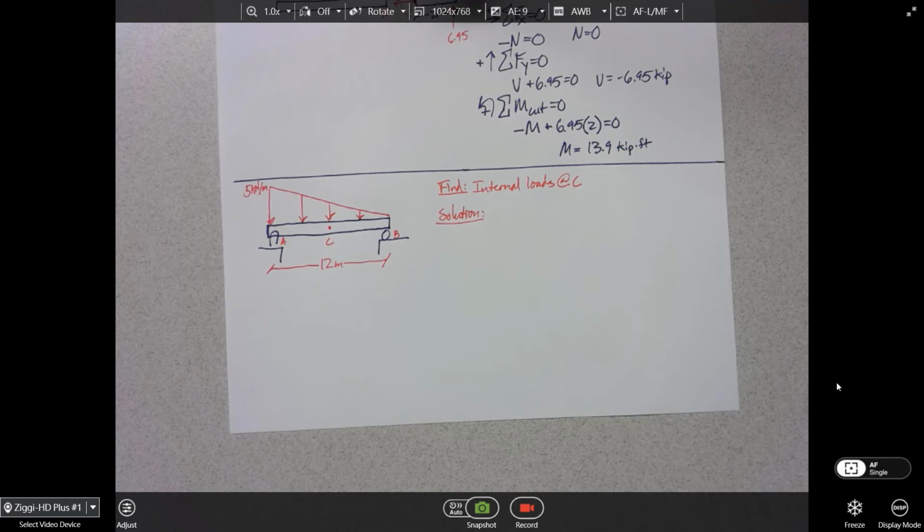Okay, so it's a triangular load. You need to solve for the reactions, cut it at C, and solve for the unknown internal loads. All right? Give me about 10 minutes to work on this.